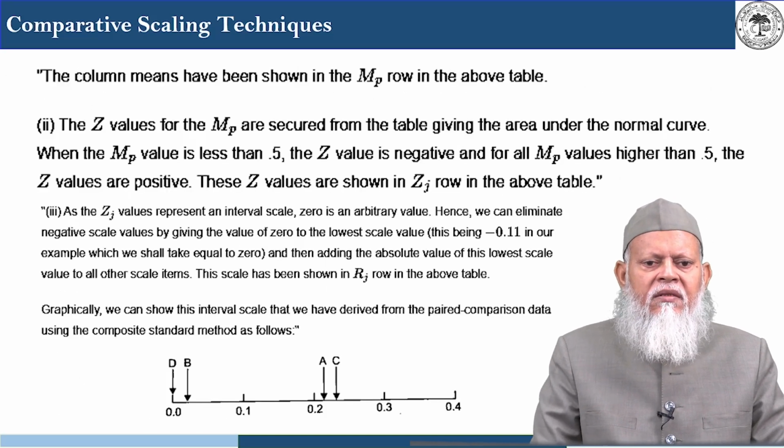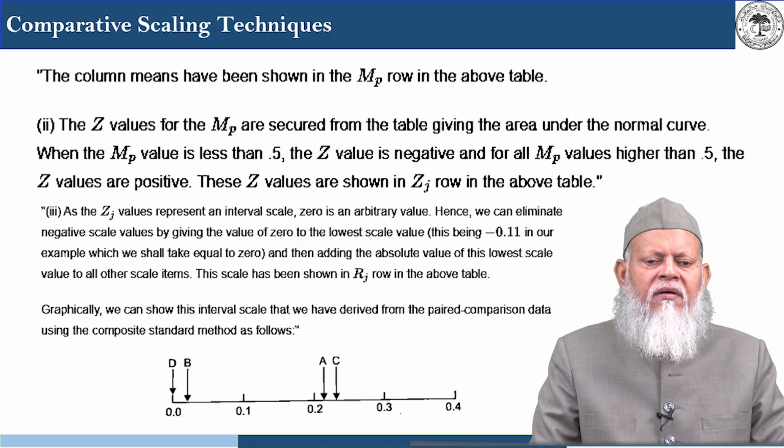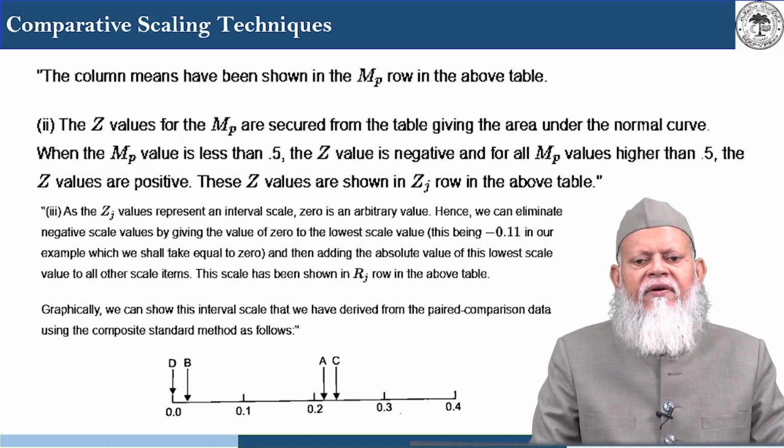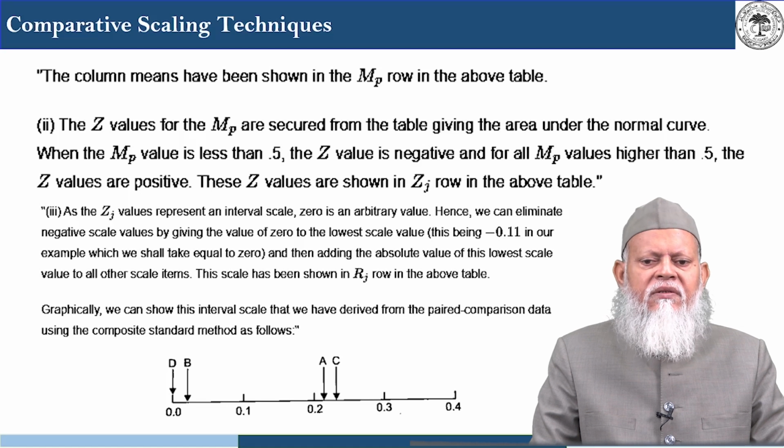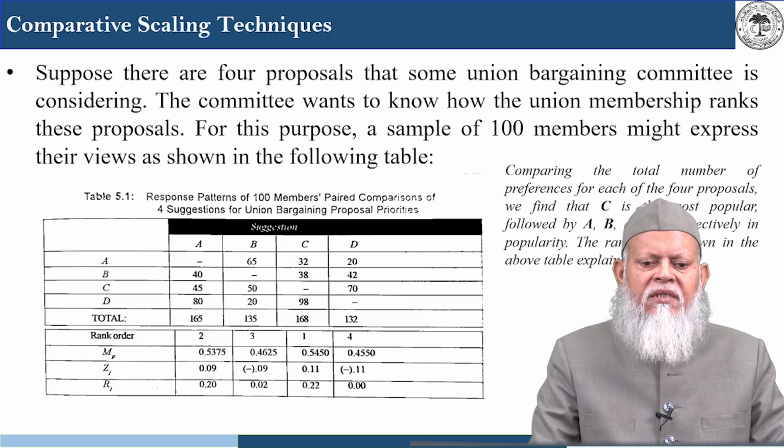The Z values for the column means are secured from tables giving the area under the normal curve. When the MP value is less than 0.5, the Z value is negative, and for MP values higher than 0.5, the Z values are positive. These values have been shown in the Zj table.